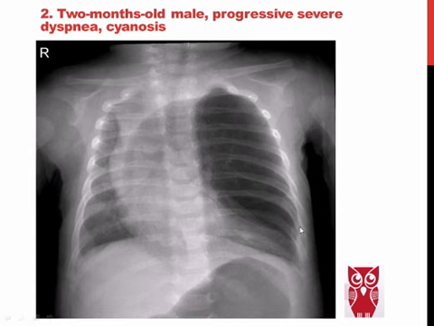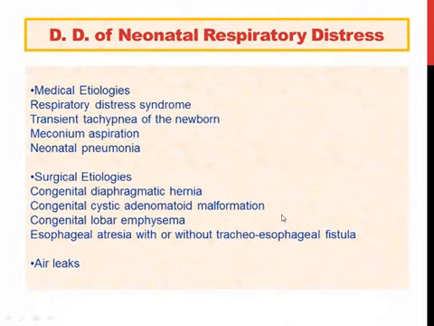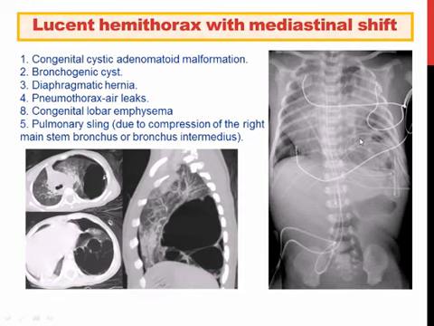And if you don't know that this is congenital lobar emphysema, then you need to think as a clinician of the medical and surgical etiologies of neonatal respiratory distress, and then you have imaging clues like a lucent hemithorax with a mediastinal shift.